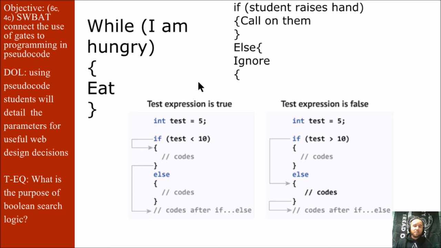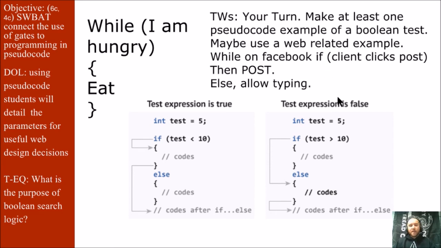Think of pseudocode in video games. So if my opponent is in front of me and I press X, then punch them, or else stand there doing nothing. That's pseudocode for video game logic, but I think you're getting the point here that the computer sure can follow directions as long as you're just explicit about those directions.